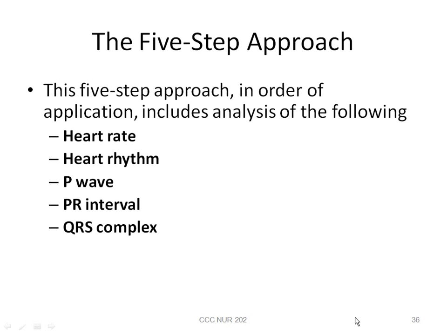Okay? Does it stay 0.16 seconds throughout that strip? Or is one 0.12 and another one's 0.28 and another one 0.24? Okay? Are they inconsistent? That's one of the things. You can't just measure one PR and then go on from there. Now, a lot of times you can look and see that there's a big difference in those, and you can make a determination from there. Then we're going to look at that QRS complex.